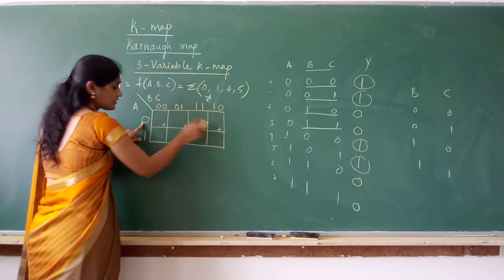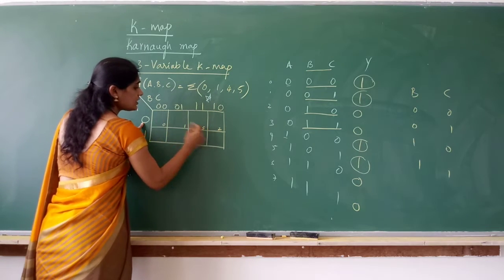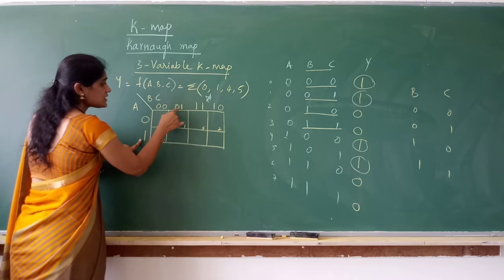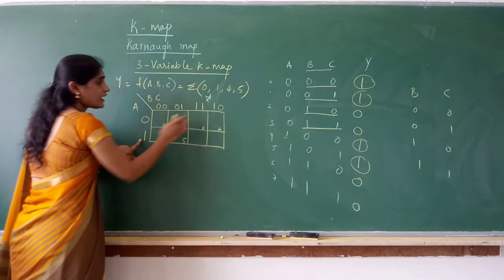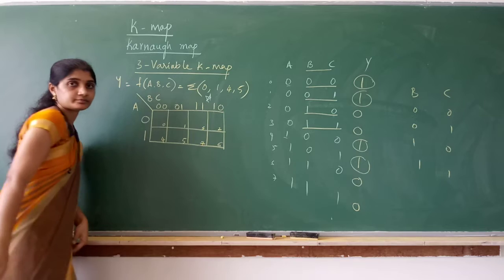So the second cell is here. 0, 1, 1, 3. 1, 0, 0, 4. 1, 0, 1, 5. 1, 1, 0, 6. 1, 1, 1, 7.